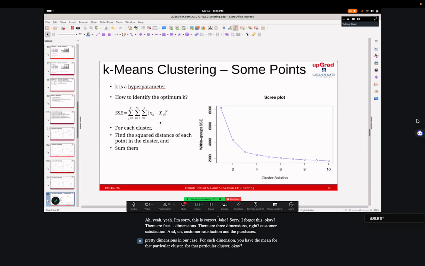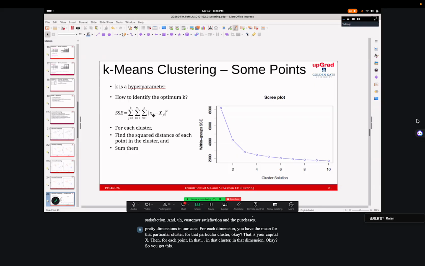That is your capital X. Then for each point in that cluster, in that dimension, you get this. So for each point, you have to find the distance from the center, and then you add them all up, and then add all the values you got for the clusters, like I said.